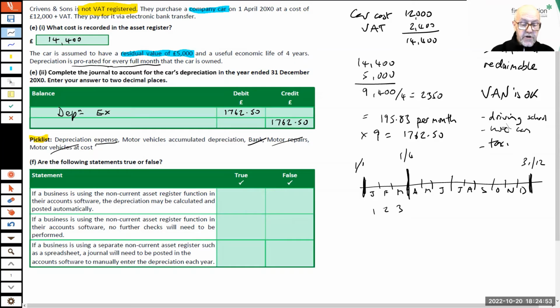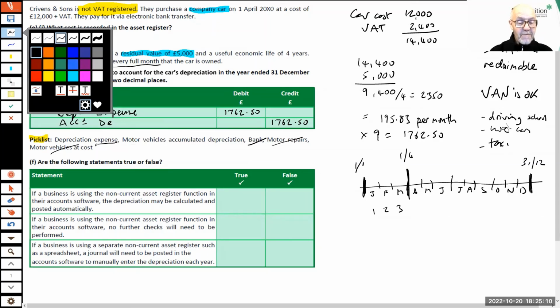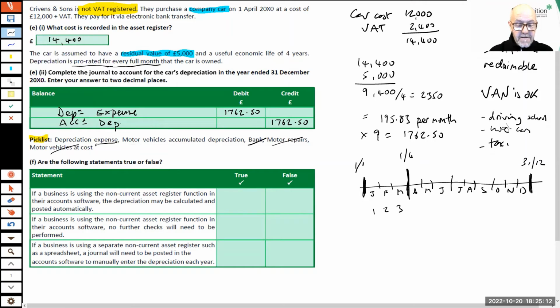So depreciation expense is our debit, and then accumulated depreciation is our credit. So far, so good.